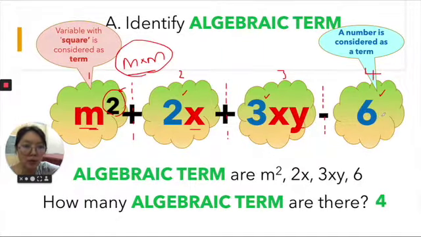Why? Because it could be multiplied by m to the power of 0, which equals 6 times m to the power of 0. Any alphabet to the power of 0 is 1. So it's 6. So it is also considered as a term.